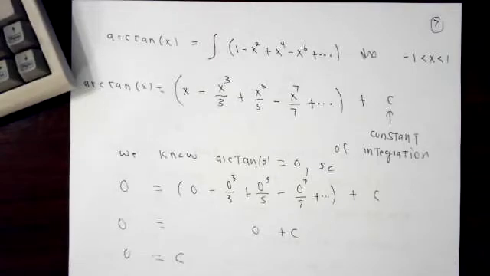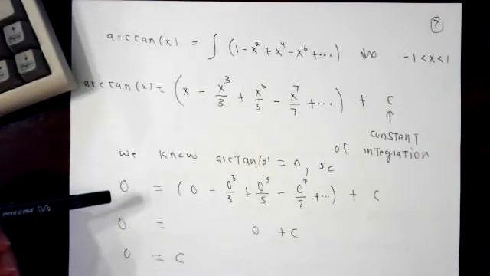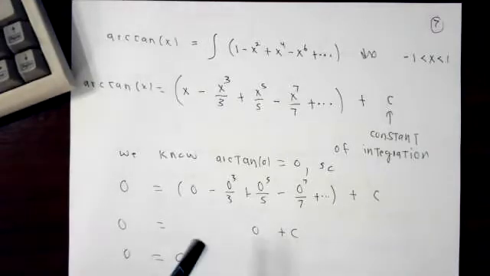We know what arctan of 0 is. It's supposed to be 0. So I'm supposed to get 0 for an answer when I put x equals 0 in my series. If you do that, though, all the terms in the series are 0, and it turns out that the constant of integration itself must be 0.